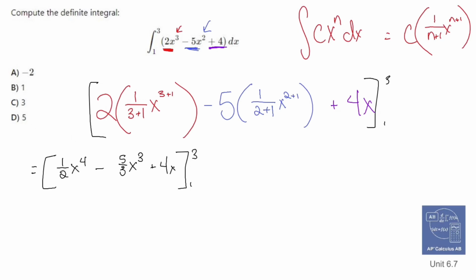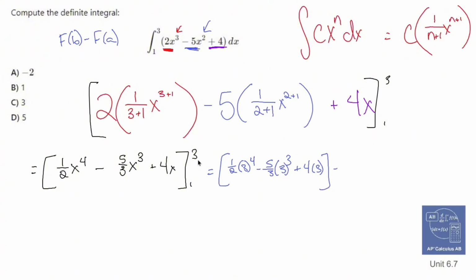Now remember, when you're taking the definite integral, you find the antiderivative, which is that guy right there. You plug in the upper limit, you plug in the lower limit, subtract the one from the other. So I'm going to plug in 3, so 1/2 times 3 to the 4th, minus 5/3 times 3 cubed, plus 4 times 3.